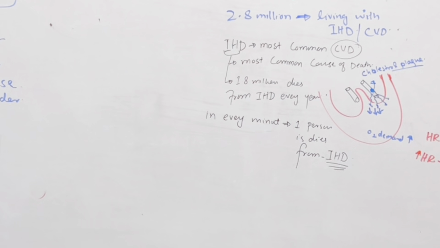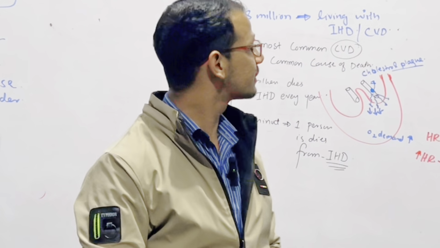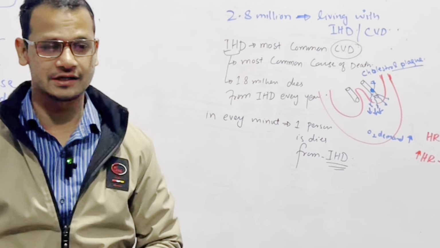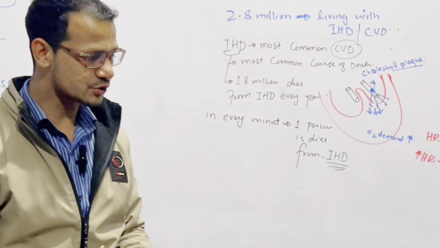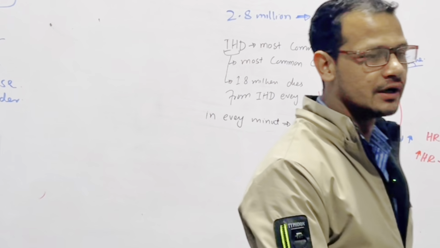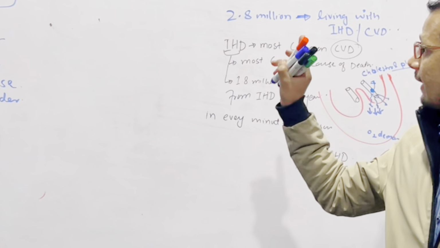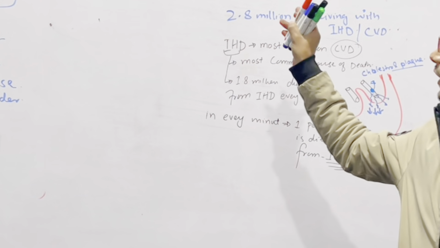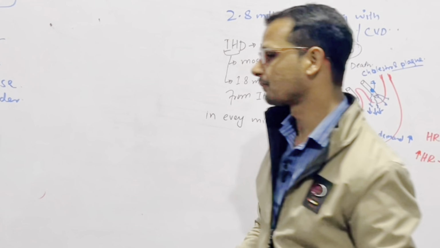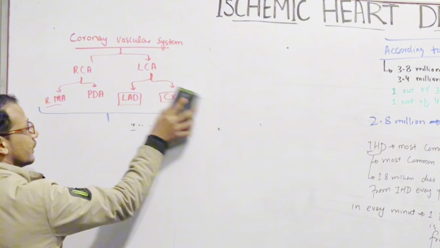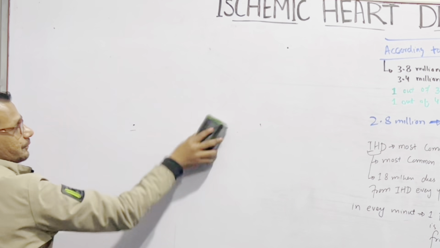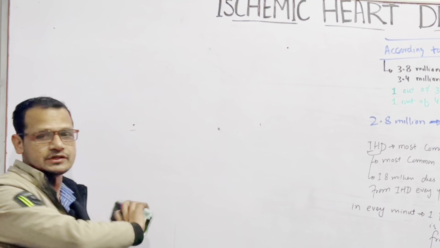After this, a question arises in the mind: what is the difference between ischemia and isolated hypoxemia? Some students or doctors think that hypoxia and ischemia are the same words, but they are not. There is some difference between ischemia and isolated hypoxemia.